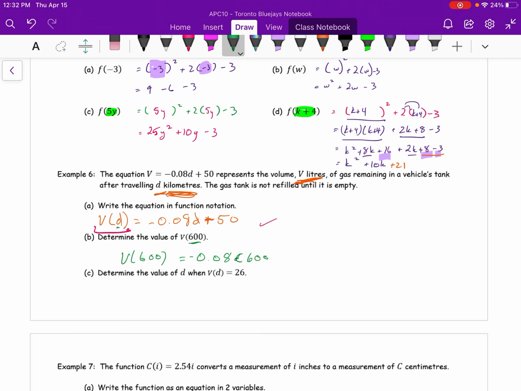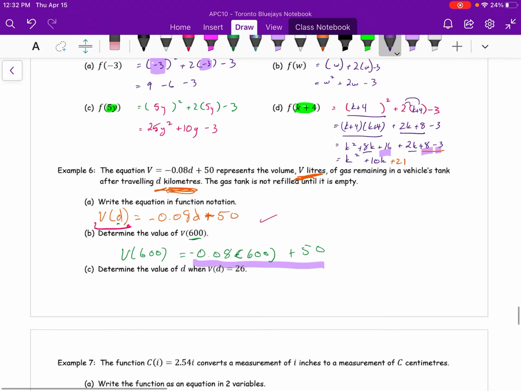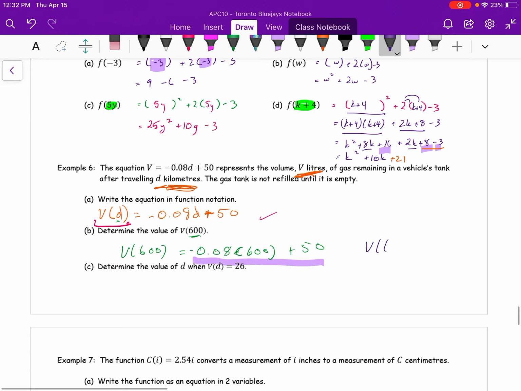But I'm just going to plug this in. So, thankfully, you have a calculator. I believe what I'm going to get after I calculate this expression, after I drive 600 kilometers, there is 2 liters left in the tank.